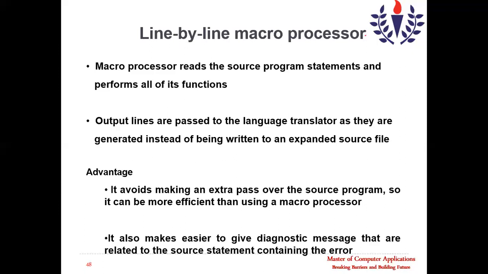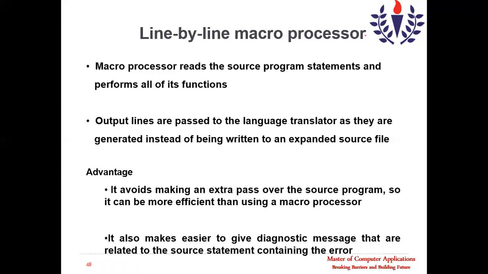If you remember, in macro processing we were using the name tab and define tab, and in our language translators we use data structures like op tab and symbol tab. So we can combine both data structures. Now we need not make them separate. So these are also the advantages of combining the functionality of macro processors and language translator.